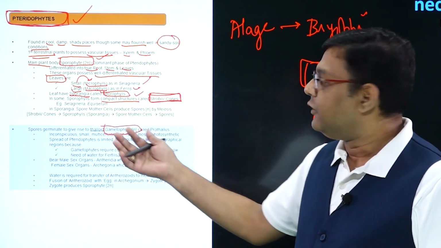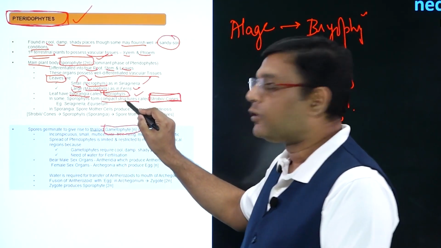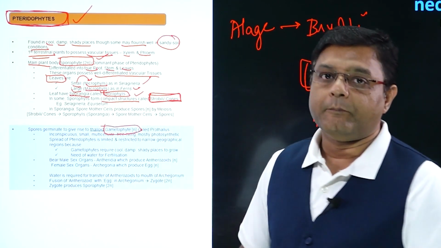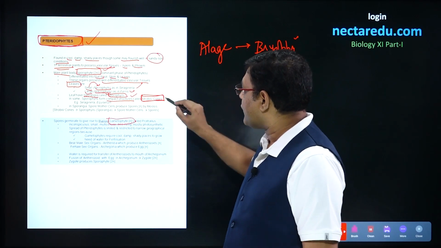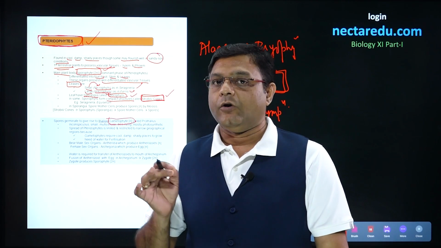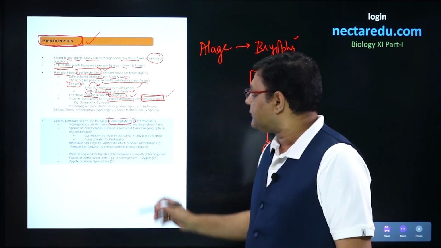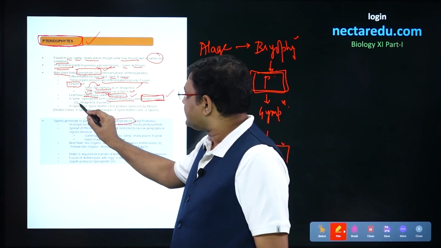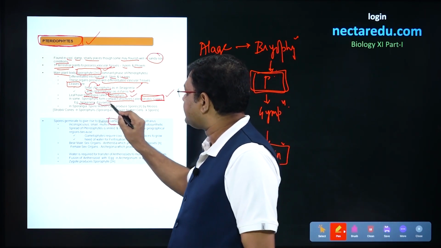In some pteridophytes, it will be just sporophylls, but in some, sporophylls will form compact structures, and if compact structures are present, then it will be called strobili or cone. The examples of pteridophytes in which strobili or cones are present, the first example is Selaginella and the second example is Equisetum.